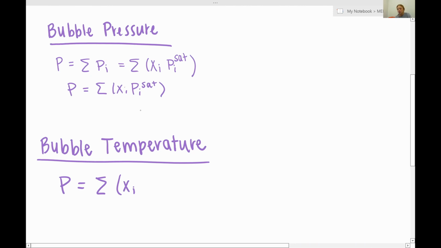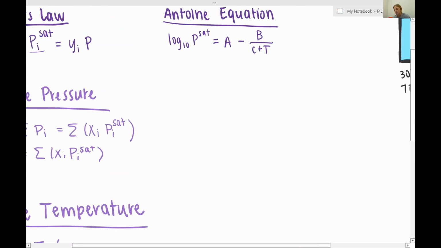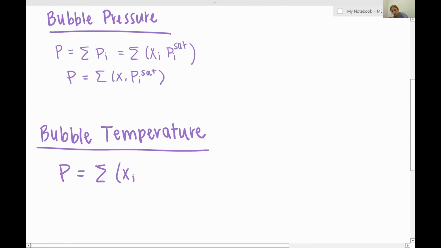But the thing we don't know is our temperature. That's what we're trying to find. And temperature is needed to calculate our saturation pressure in the vapor phase. So we could easily do some substitution to be able to solve for our temperature from our Antoine equation up above. So I will write that out now.